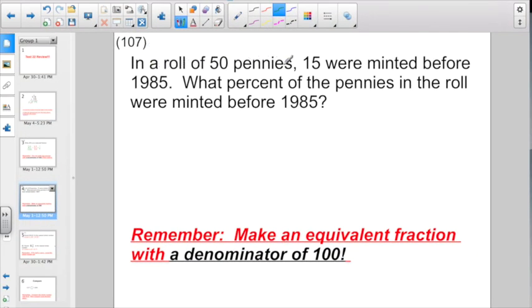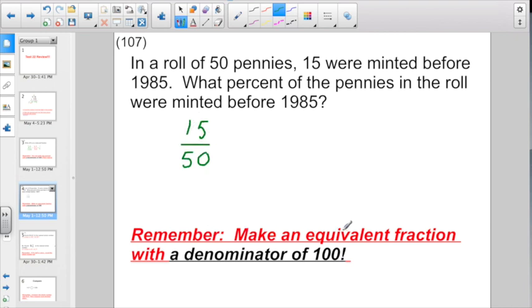In a roll of 50 pennies, 15 were minted before 1985. What percent of the pennies in the roll were minted before 1985? Well, let's start off with our fraction, right? We have 15 fiftieths.